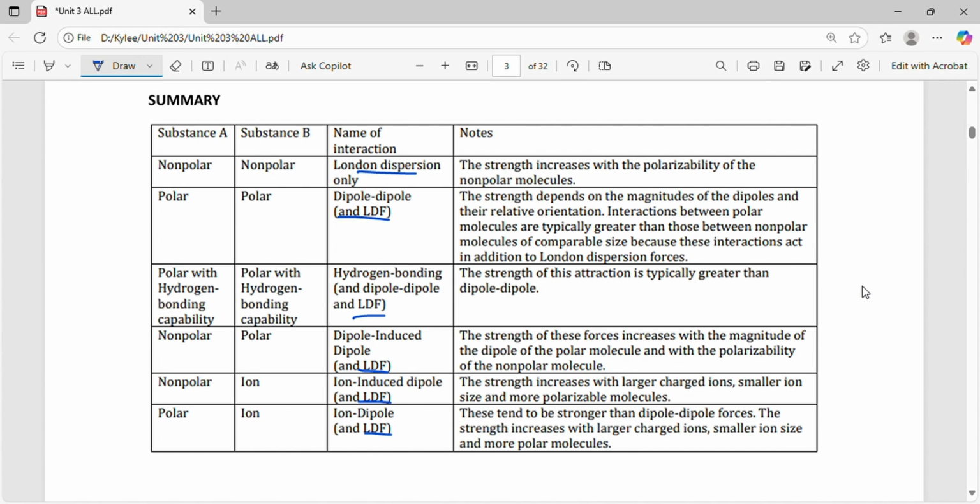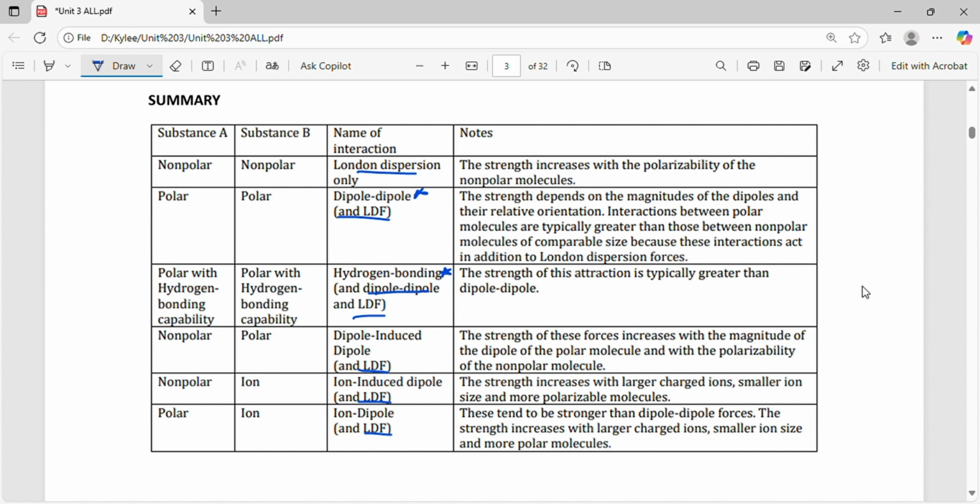It's the only one that two nonpolar compounds can have. If they're polar, more than likely dipole-dipole is going to be the strongest force of attraction, but it will also have LDF. If I have polar but with a hydrogen directly connected to an F, O, or N, that's going to be hydrogen bonding, which is the strongest, a form of dipole-dipole, and we know that LDF is always there.